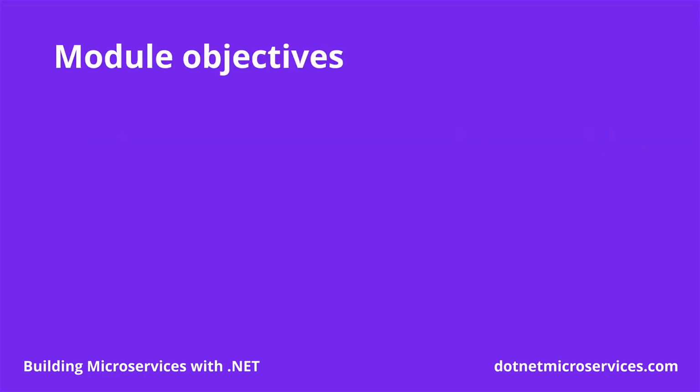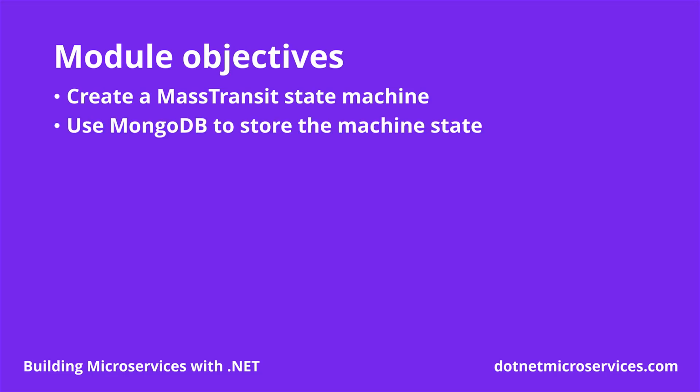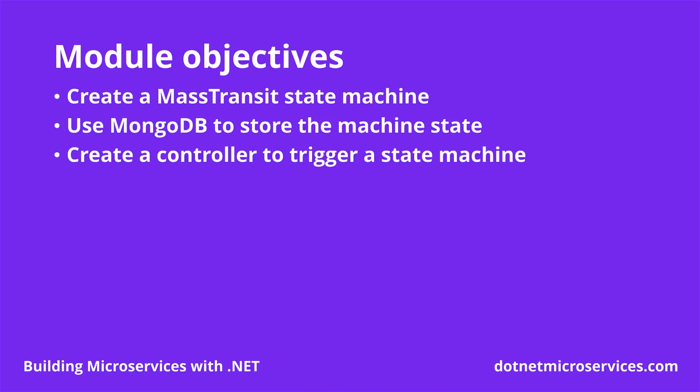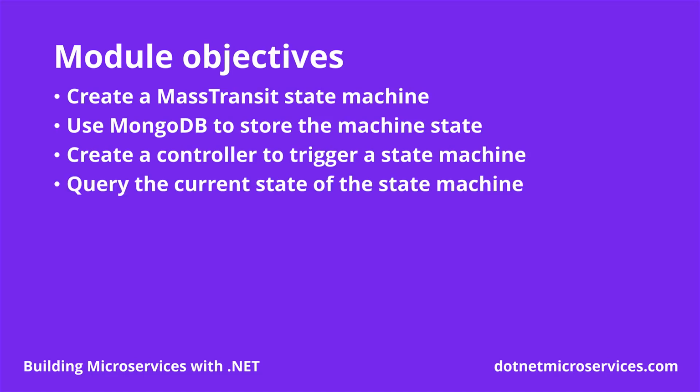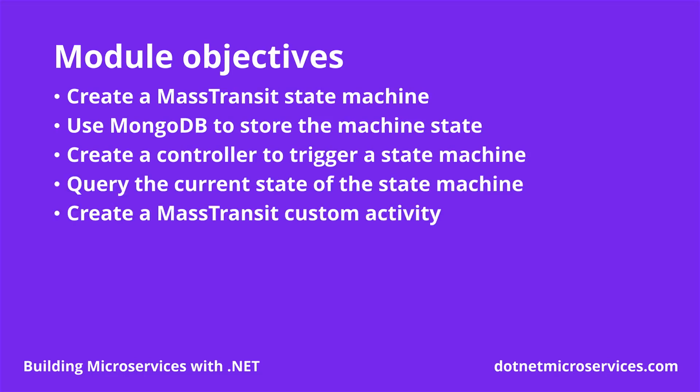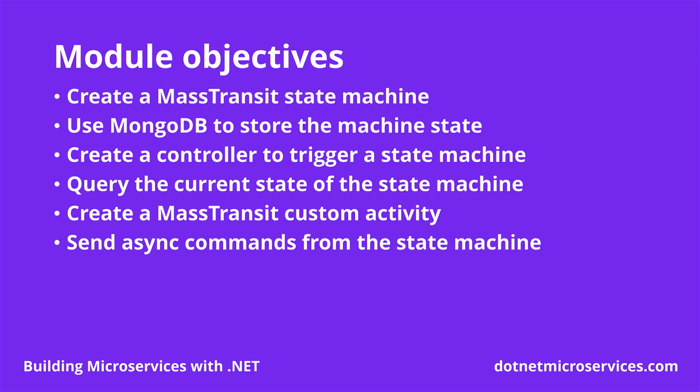By the end of this module, you will have a solid understanding of the following: how to create a state machine using MassTransit, how to use MongoDB to store the machine state, how to create an ASP.NET Core controller to trigger the execution of a state machine, how to query the current state of the state machine, how to create a custom activity that can be used within the state machine, and how to send asynchronous commands from the state machine to communicate with other services.